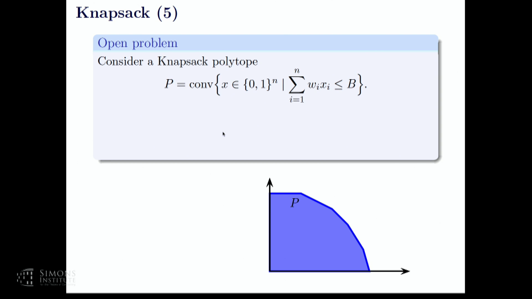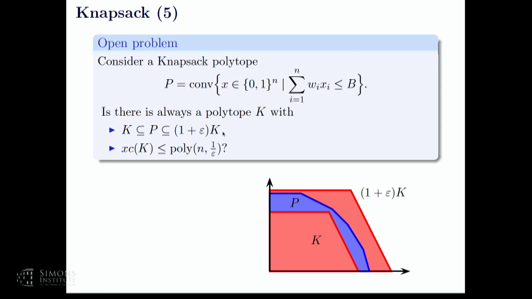But maybe now these are enormously large numbers. You don't want to write down this network, which would have a giant size. You want to approximate this polytope. So let's say what you want is some other polytope that's inside of that nasty knapsack polytope, and if it's scaled by 1 plus epsilon, then it contains your knapsack polytope.